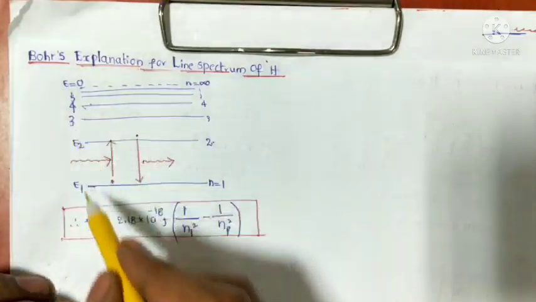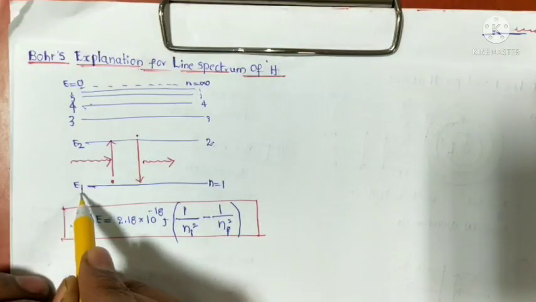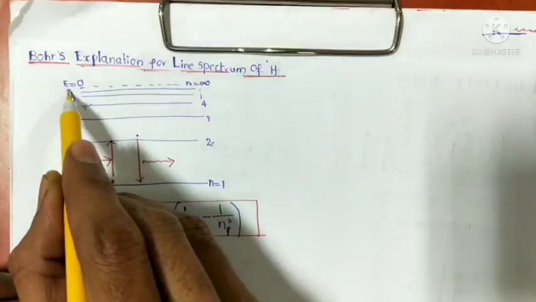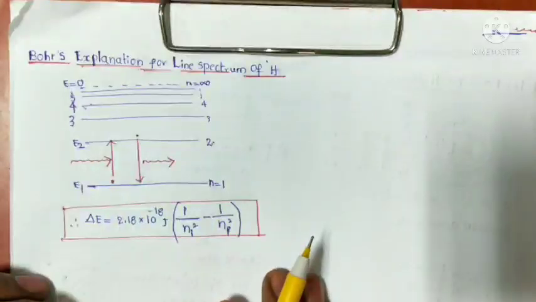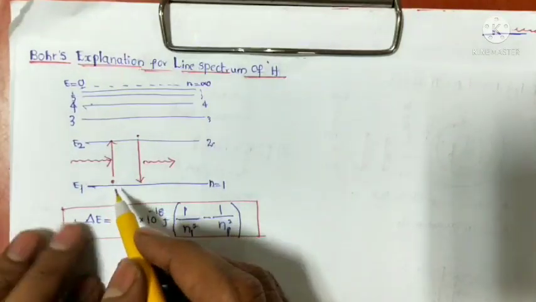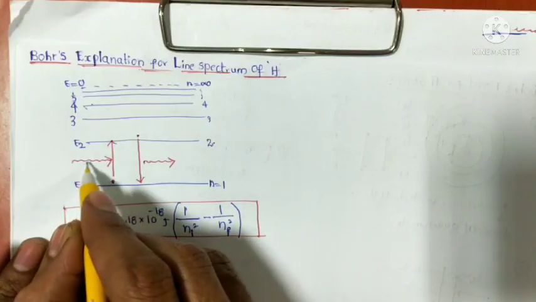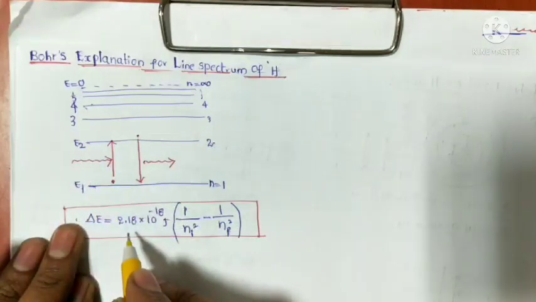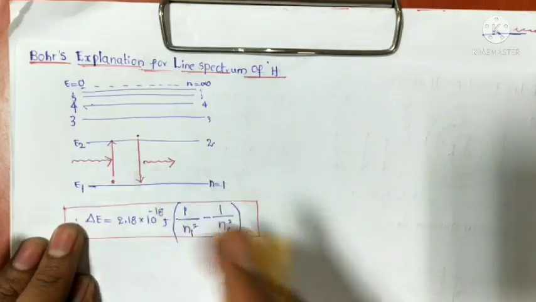Next, every stationary state has a specific energy, that is E1, E2, E3, E4, and at the infinity state, E is 0. Now listen carefully. Whenever the electron absorbs energy, it moves from a lower energy state to a higher energy state.